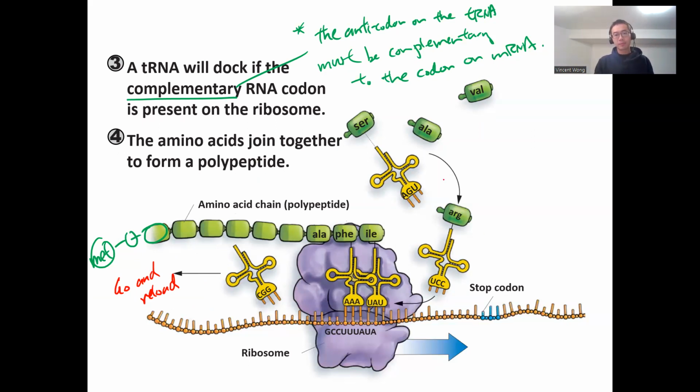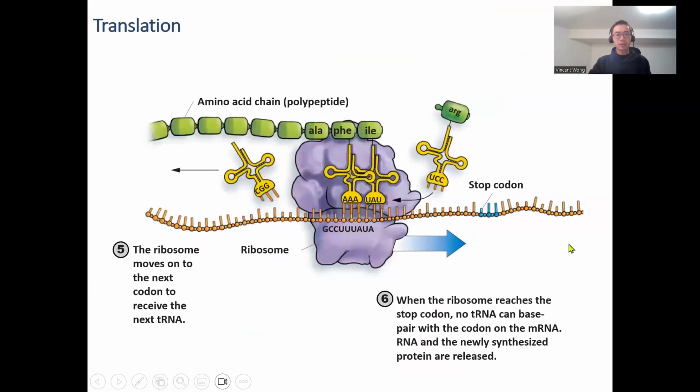Okay. And then it's gonna come again. And you can see the ribosome continues to move forward. So a new one comes in, deposits the amino acid, and then it leaves. And then another one comes, and then it leaves. It's just like clockwork. Keep going, keep going, until you get to the stop codon.